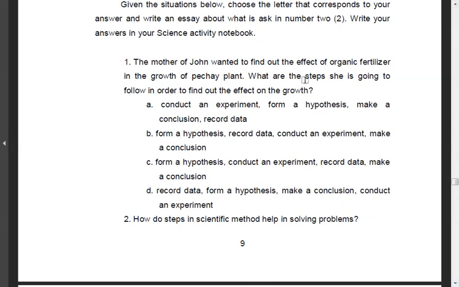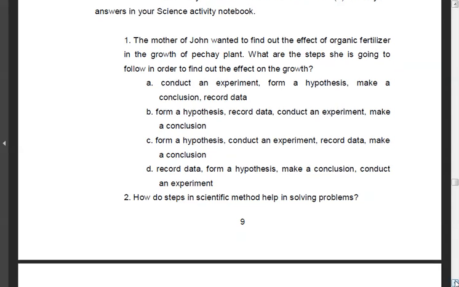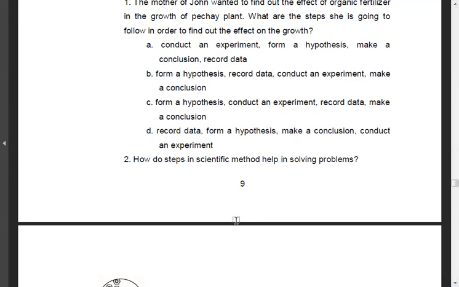Again, in number 1, you choose from the given choices and just write the capital letter of your answer. In number 2, write in 3 to 5 sentences how the steps in the scientific method help in solving problems.